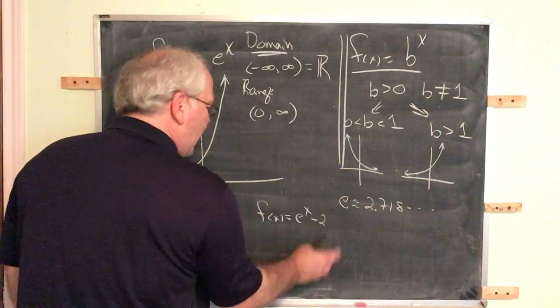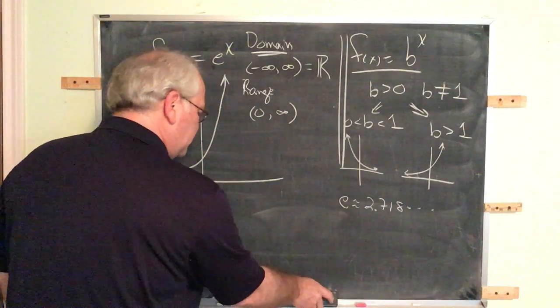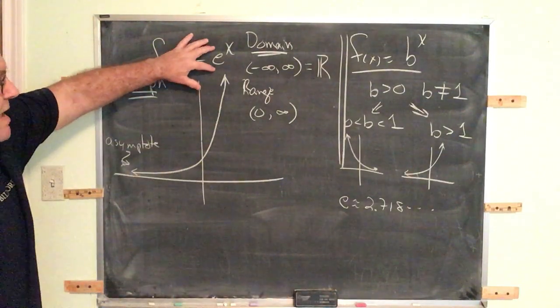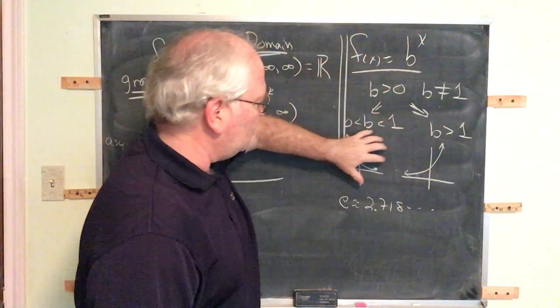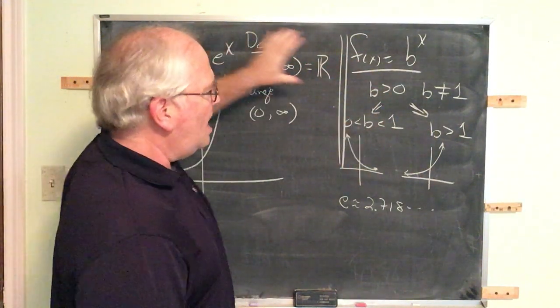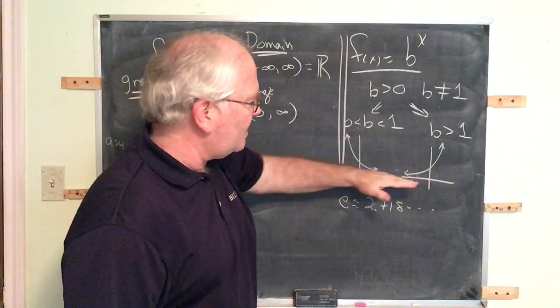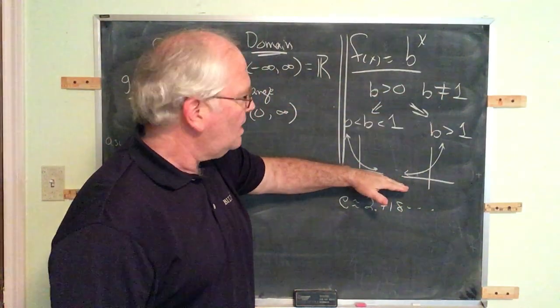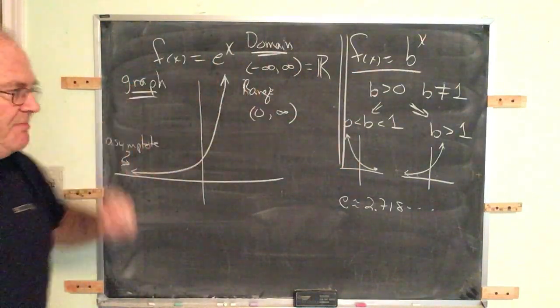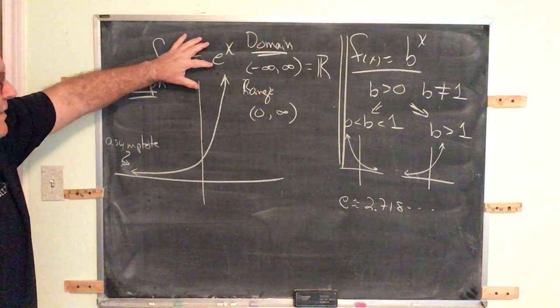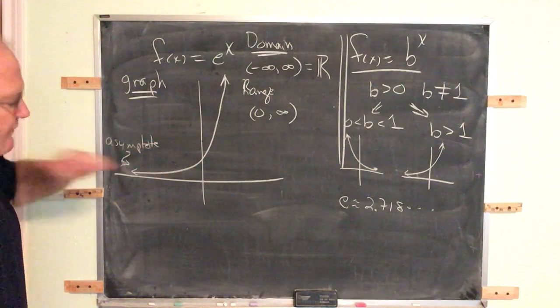But when I say this graph has no x-intercepts, what I mean is the basic shape exponential function. This is true of all exponential functions, not just e to the x, but irrespective of the base, the x-axis is an asymptote. And so for any basic shape exponential function, the graph never touches the x-axis.